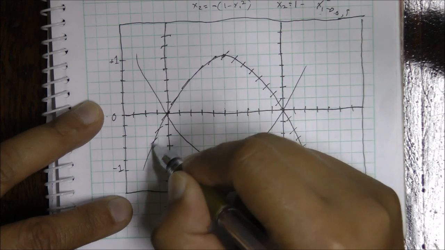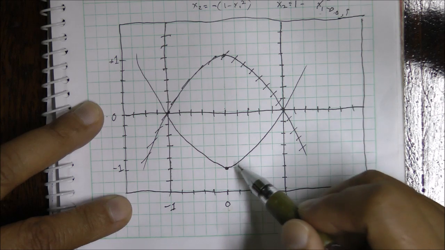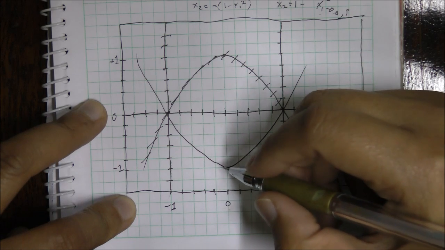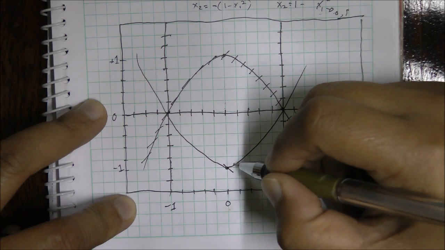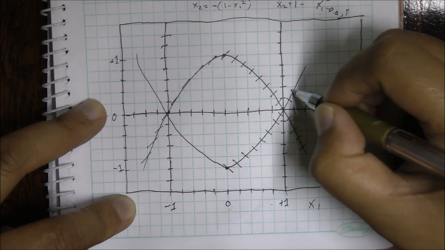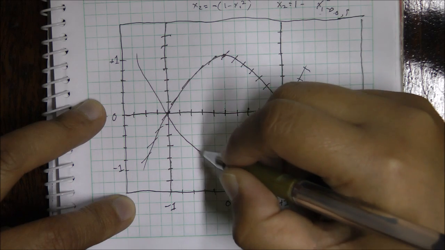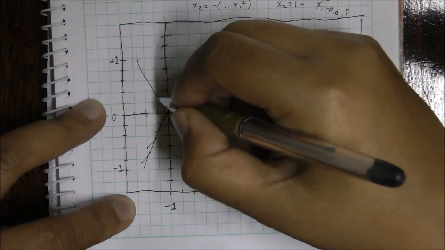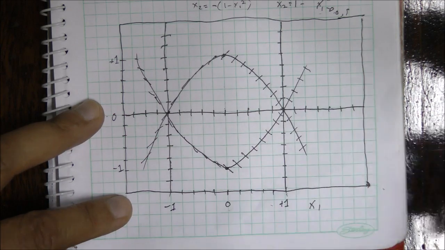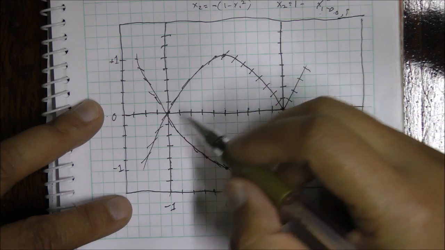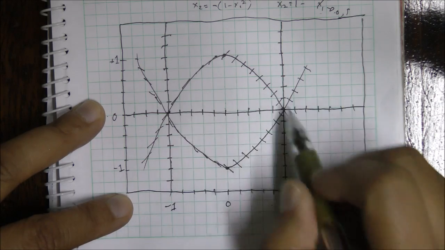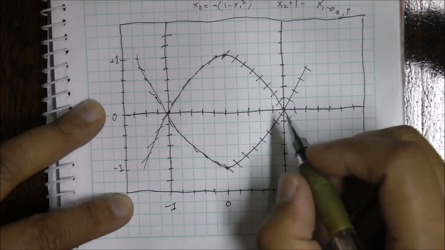On the other hand, if this is the case when m equals minus 1, then it's also a diagonal line, but it's diagonal in this direction. So keep drawing these diagonal lines all the way along the isocline. Of course, you can proceed to draw the other isocline equations and draw the representative slopes on them, but this should be enough.